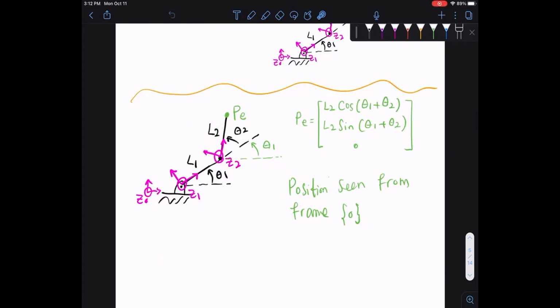So the calculation is happening from here. Frame 0 sees a theta 1 because the previous frame moved, and a theta 2 because the second frame moved. But when I'm writing PE for velocity propagation, it is with respect to the previous frame, not with respect to the base frame. You just consider all the rotations, because from this frame, you see that L2 moved theta 2, but you also have already experienced a theta 1.